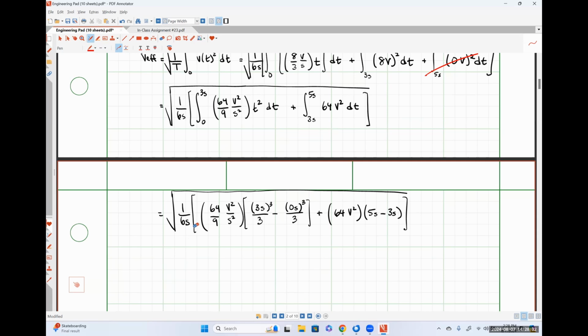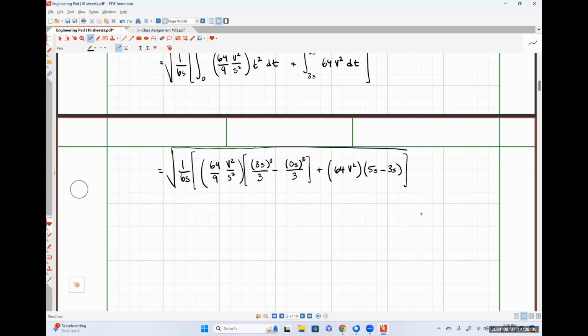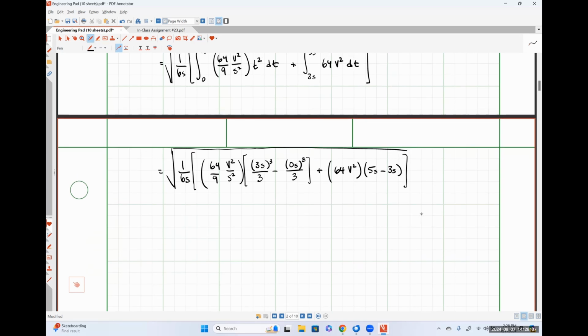So now we just need to sort through this stuff, which I'm going to be lazy and just use my calculator for, right? So I have the square root of 1/6 multiplied by 64/9 times 3 cubed over 3 plus 64 times 5 minus 3.